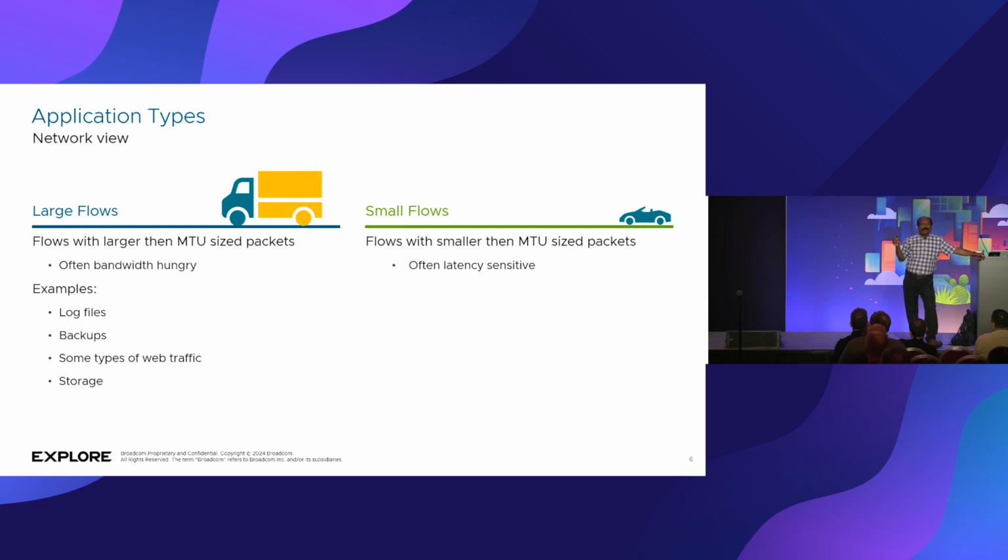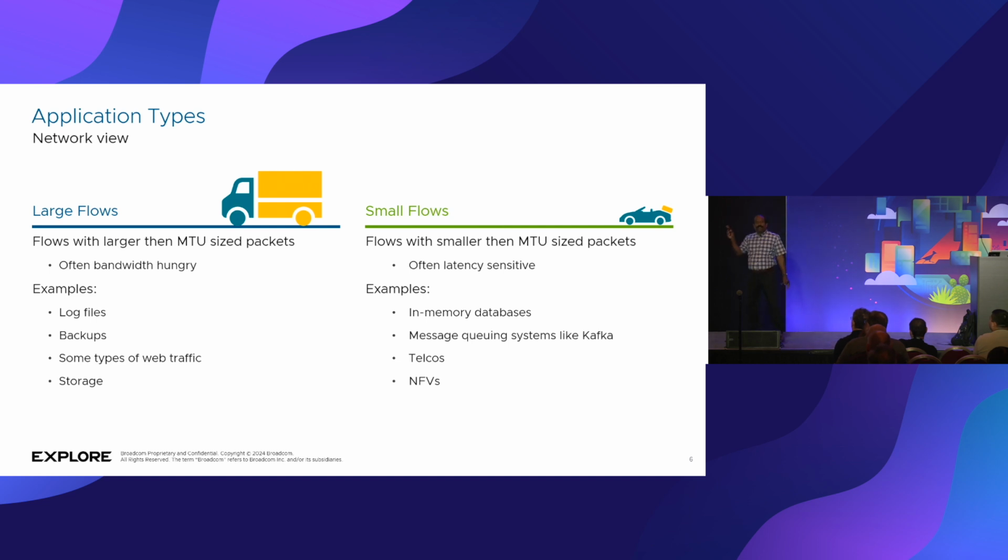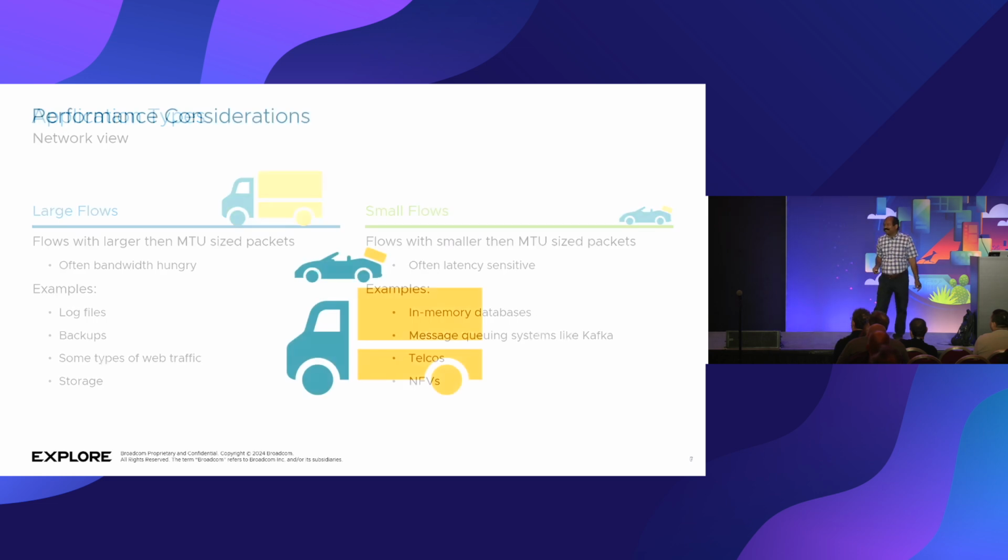Buffers, which are supposed to be really good, can increase it. Back in my Cisco days, we did some tests with really large buffers, and they can have a huge impact on latency. So latency can be anywhere, and that requires making sure your entire path is clear. But small flows are more latency sensitive, so large flows and small flows, right? The requirements are different between these two, and small flows are the ones that are generally more critical from a business perspective, not the large flows.